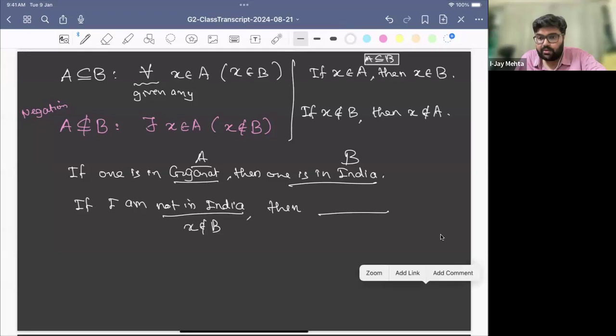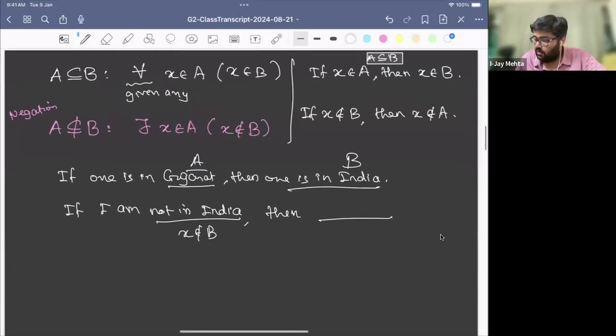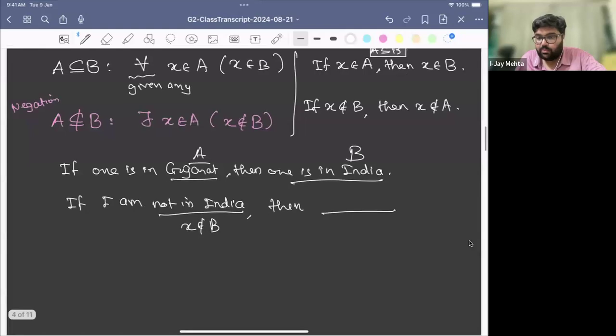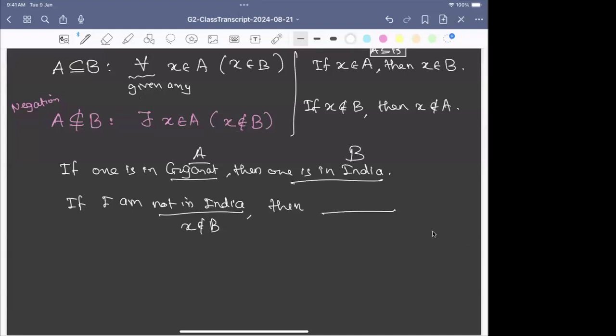Okay, room number 5, Charvi. Maharshi. If one is not in India, then he is not in Gujarat.